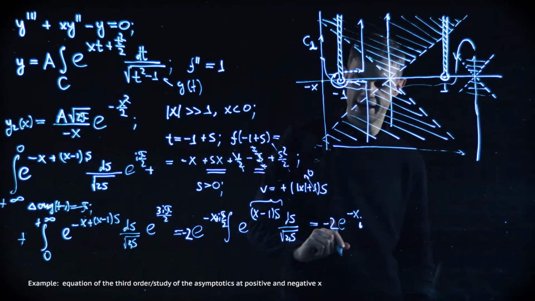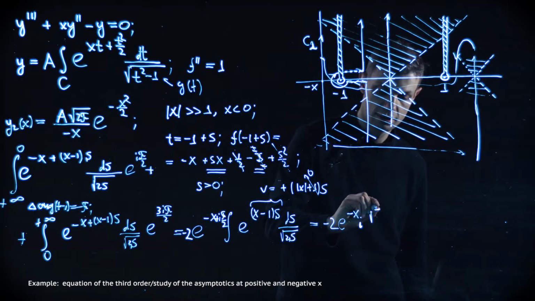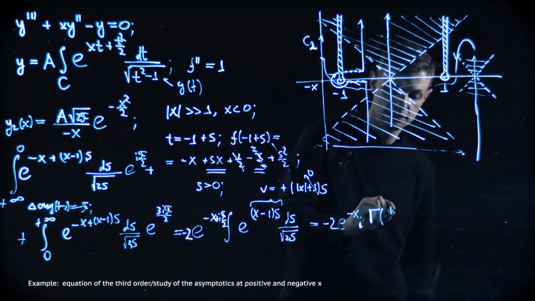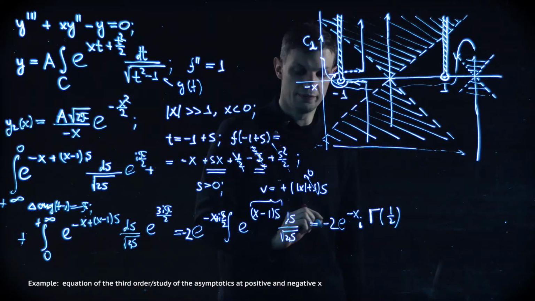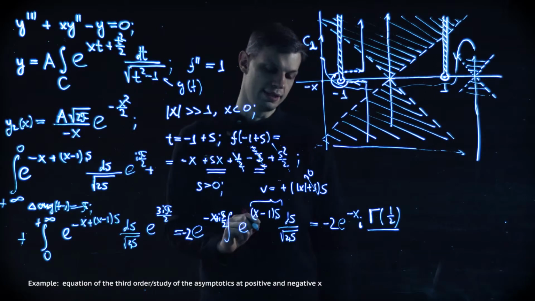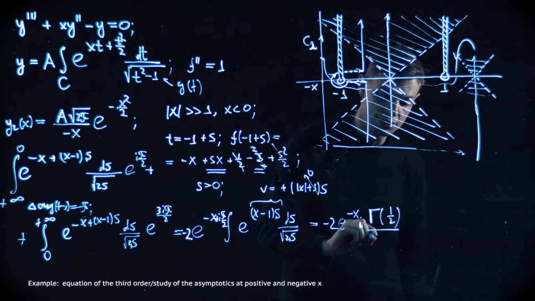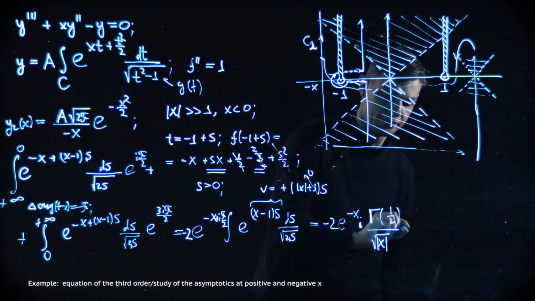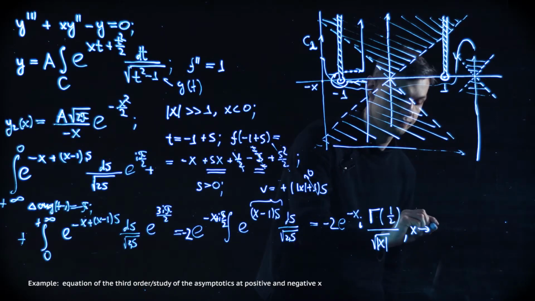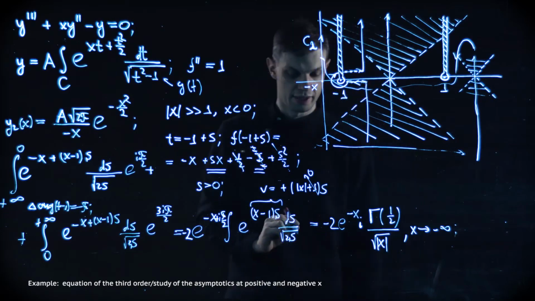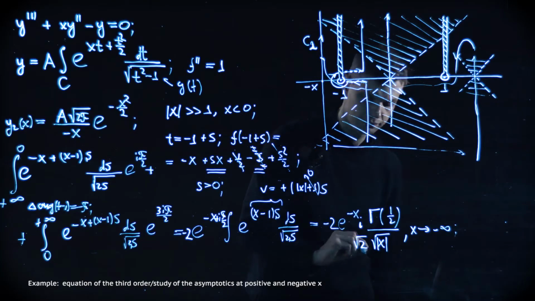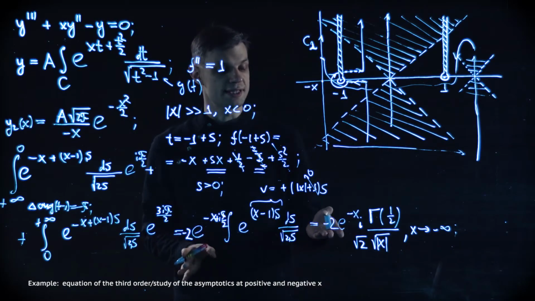This is a gamma function of 1/2, divided by the square root of modulus x, when x tends to minus infinity. So have I forgotten something? Yeah, square root of 2. Right, so this is our asymptotics at large negative x.